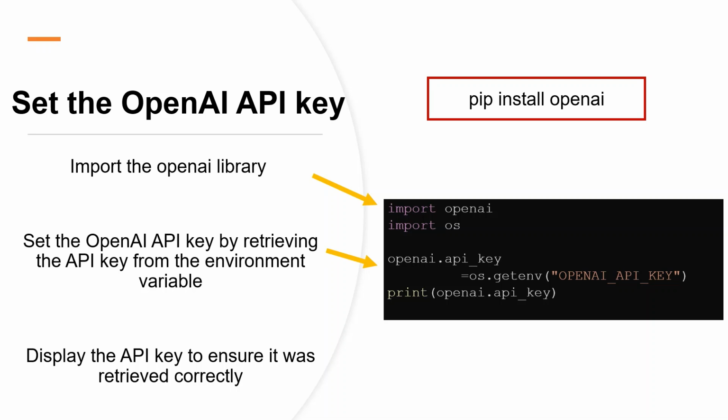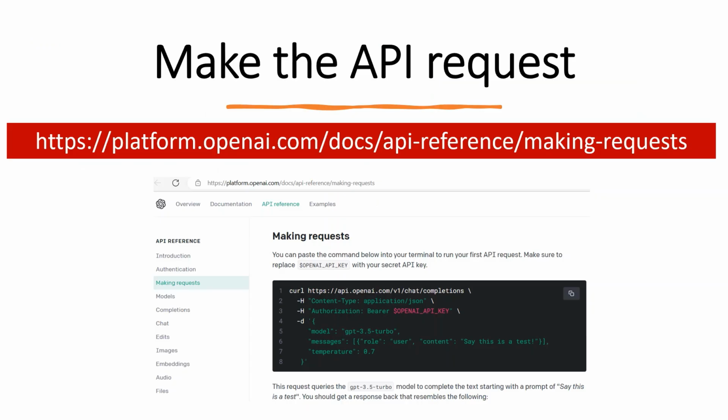We'll retrieve the key from the environment variable and assign it to the openai.api_key attribute. This step establishes the connection between your code and the OpenAI API. Now let's display the API key to ensure it was retrieved correctly. This step is optional but useful for verification purposes.